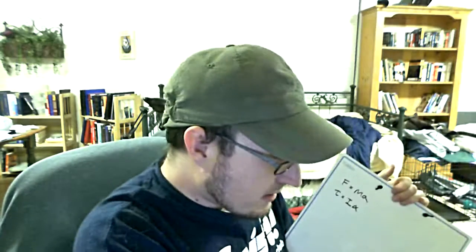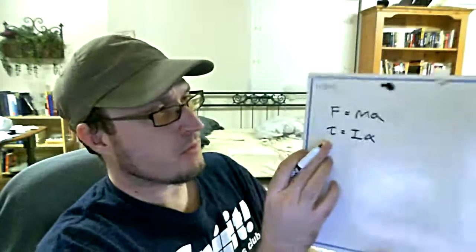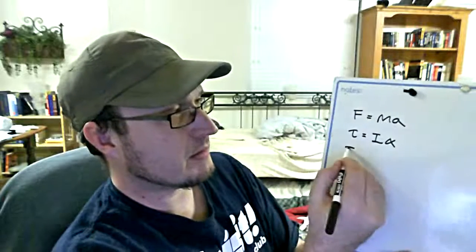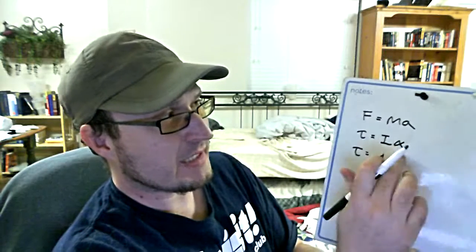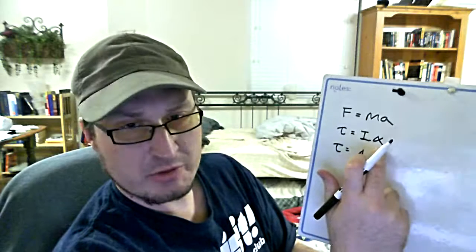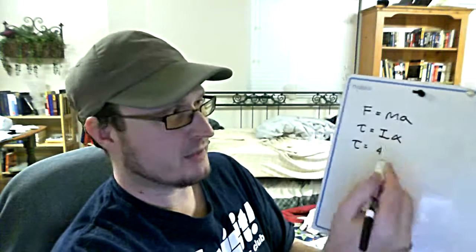And we want the torque, the applied torque. We know that I is 4, and we can actually get alpha, the angular acceleration, really easily with what they give us in the problem.